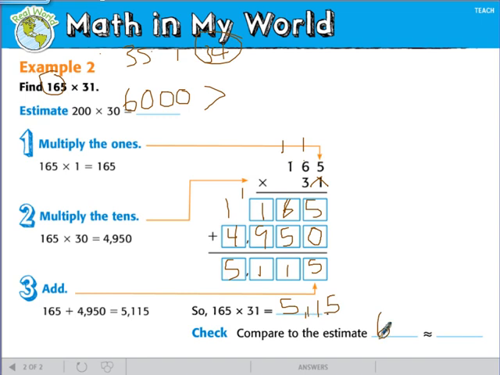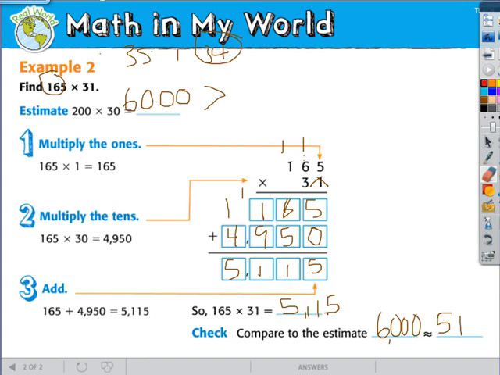Our estimate was 6,000. And we said our estimate was going to be what? Wait. Isn't 8 plus 5 13? It's a 6. My 6 looks like an 8 because my pen didn't write very well. Oh. Because look, 1 times 6 is 6. I'm sorry. I will fix that right now. Because you are 100% correct.